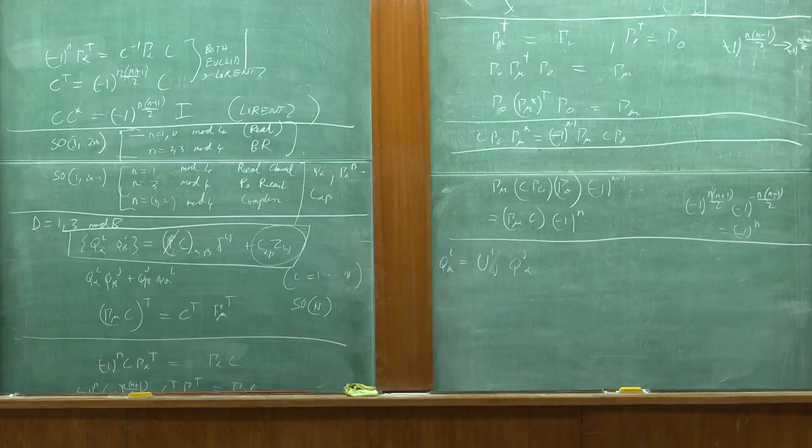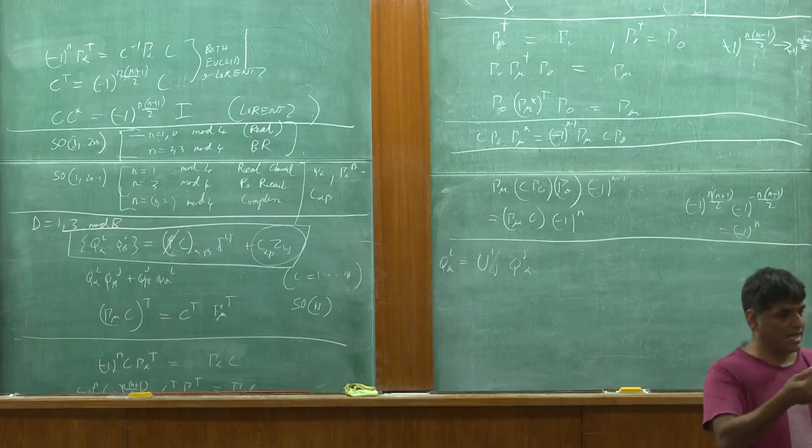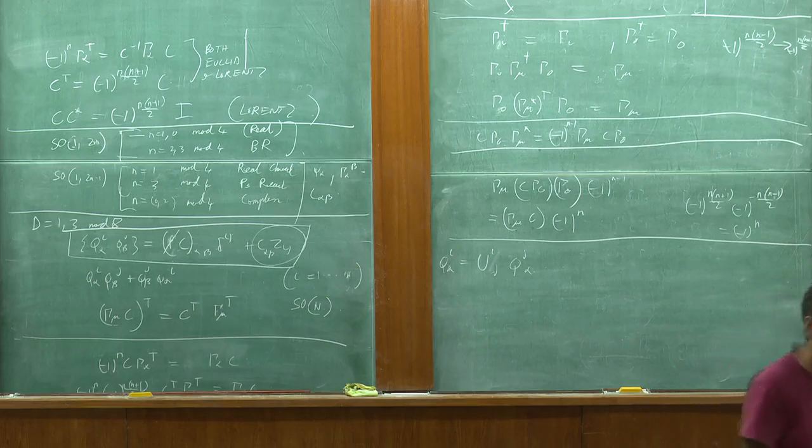But these transformations have to have the property that they are consistent with the reality conditions. The reality conditions had stuff acting on the spinors, but as far as the ij indices were concerned, it was just Q star is equal to Q. So as far as the ij indices were concerned, Qs were basically real numbers.